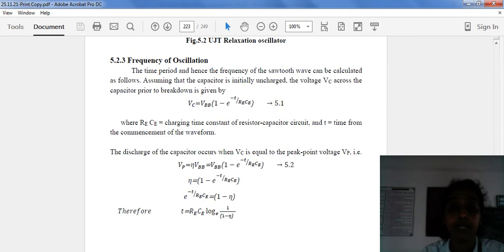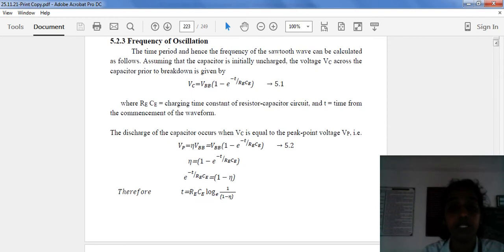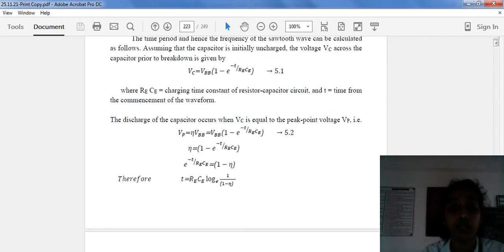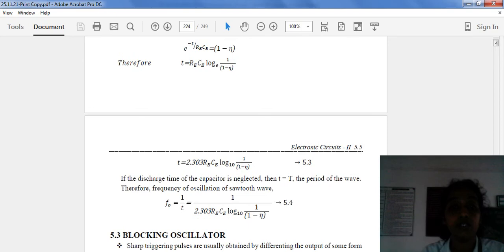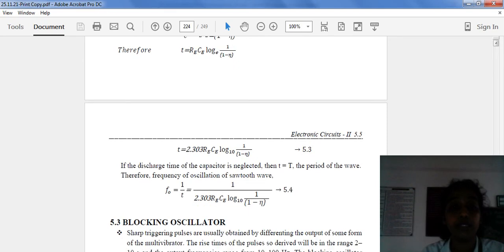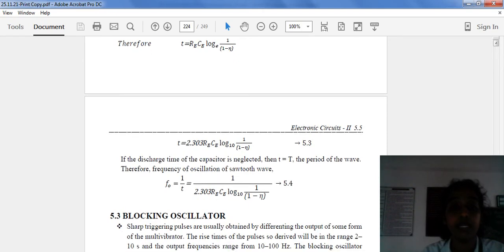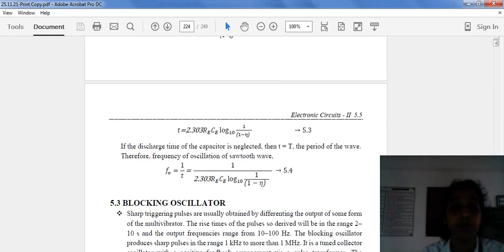So e power minus t by RC equals 1 minus eta. Now my time t will be RC into natural logarithm of 1 by 1 minus eta, which comes to 2.303 RE CE log to the base 10 of 1 by 1 minus eta.